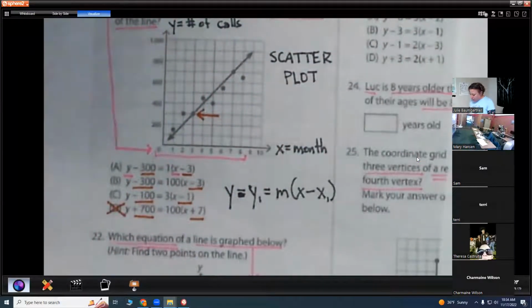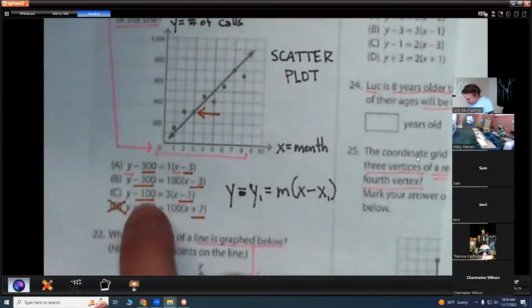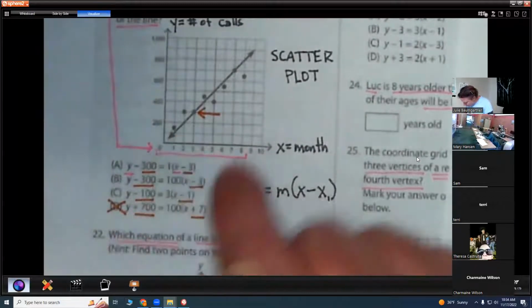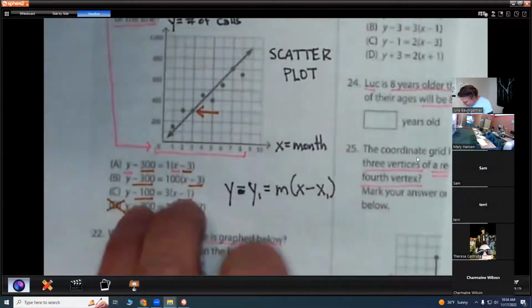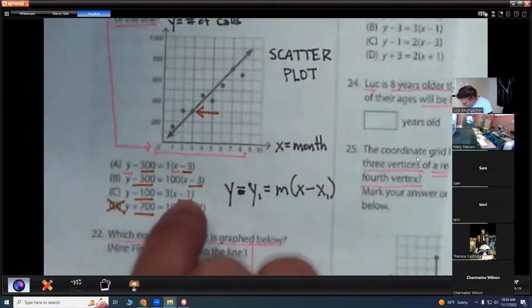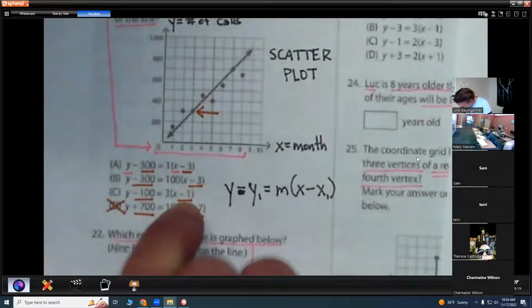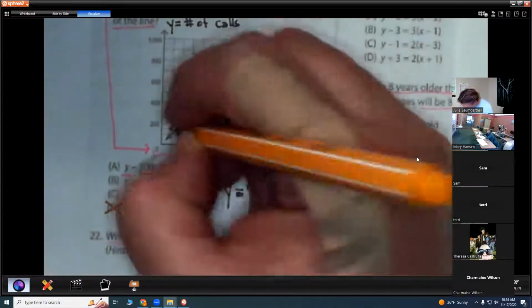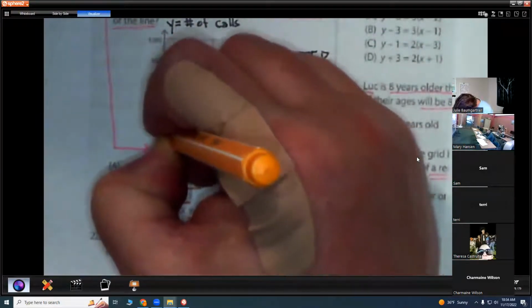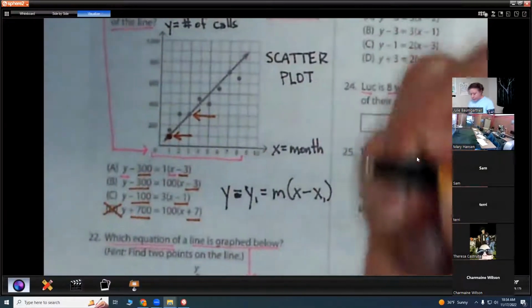All right, and then is positive 101 a point on the graph or on the line actually? It's on the line, it's not on the graph, but it is on the line. So C could still potentially be a possibility too.